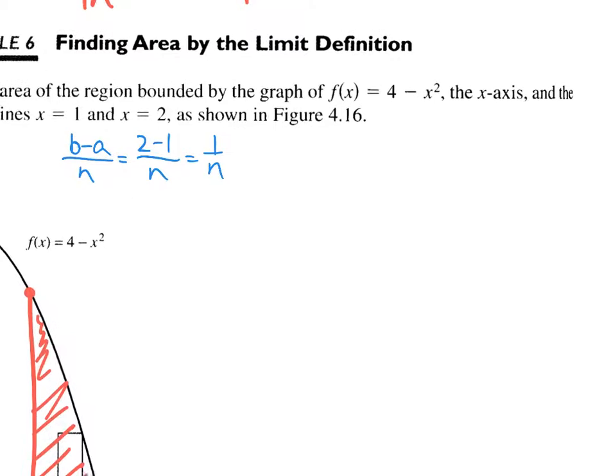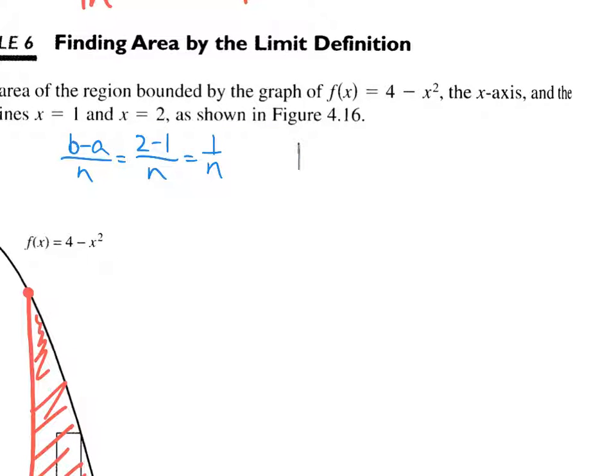So now we have our formula: the limit as n approaches infinity of the sum from i equals 1 to n of, we need to do f of a, which is 1, plus i times the b minus a over n.